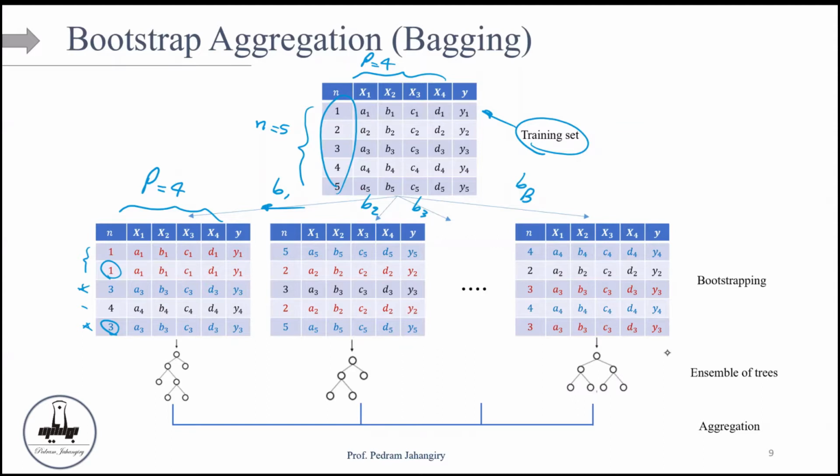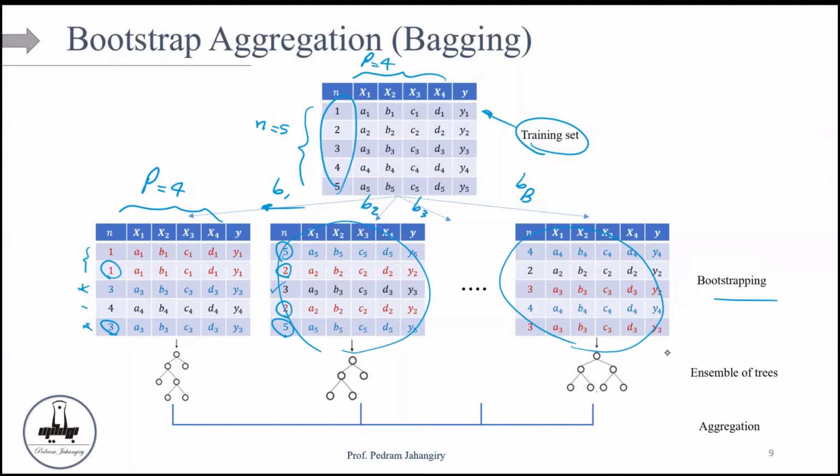In bootstrap number 2, observation number 2 has been repeated a couple of times, number 5 a couple of times, and then 3 once, right? Again, this is another draw from the data set. And finally, the same story for the last bootstrap. So this step is called bootstrapping, a random draw from the data with replacement.